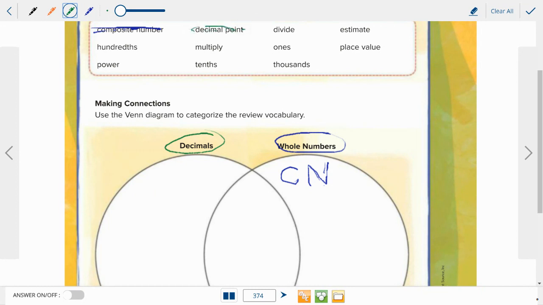Obviously it applies to only decimals. DP for decimal point. And then for both, we'll do orange. Divide. You can divide all those numbers, right? Decimals and whole numbers. You can estimate decimals and whole numbers.